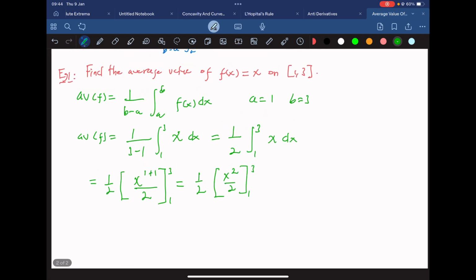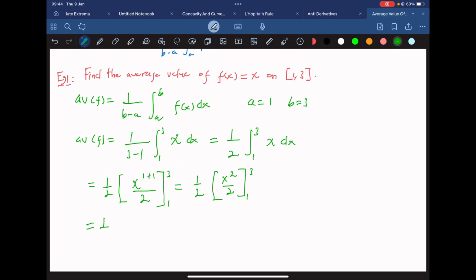The next step is to just substitute in our bounds. First of all, we put in the one on top, so we have 3 squared over 2. Then when substituting the lower number, we always subtract, so minus 1 squared over 2.